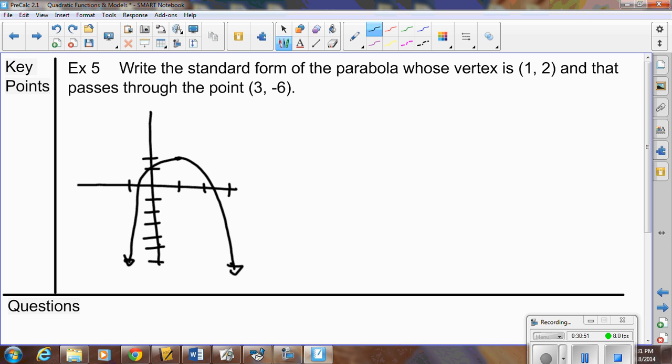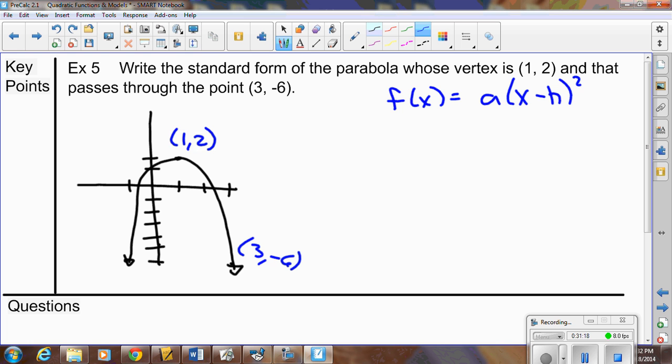What is the equation in standard form for that? Keeping in mind that my ability to draw is not that beautiful. Well, we're lucky because we have standard form. Standard form will tell us we need the leading coefficient a, x minus h quantity squared plus k.